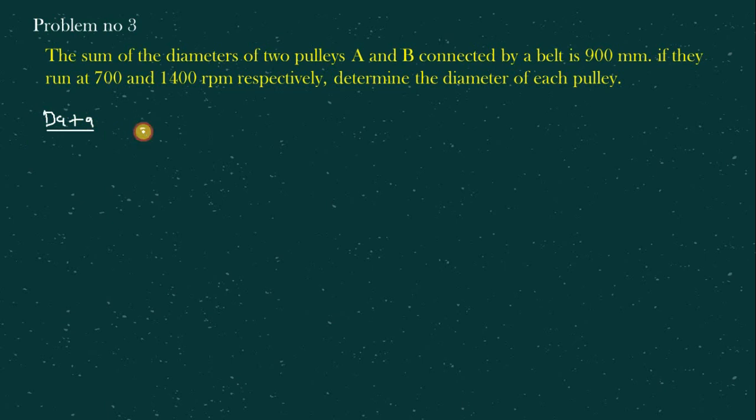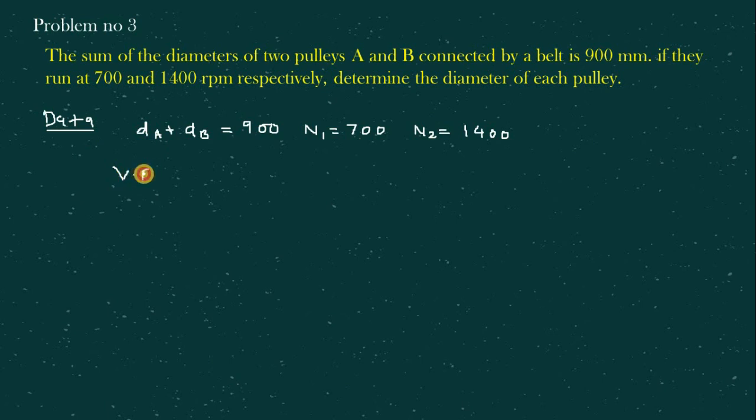The data given here is the sum of the diameters of the pulley A and the pulley B together, it is 900 mm. And it is also given that N1 is equal to 700 rpm, whereas N2 is equal to 1400 rpm.